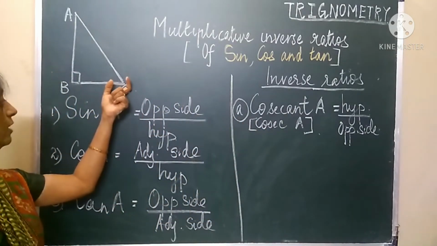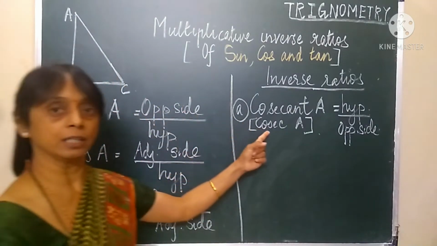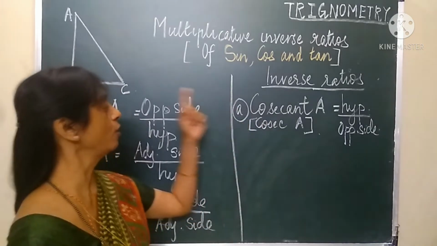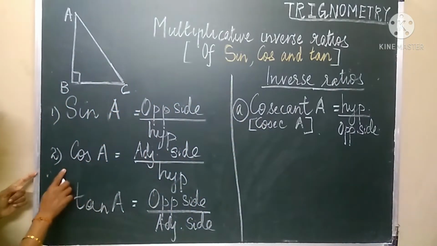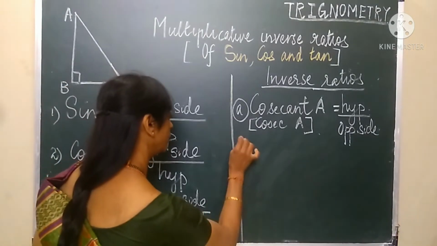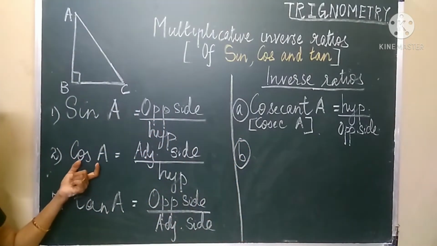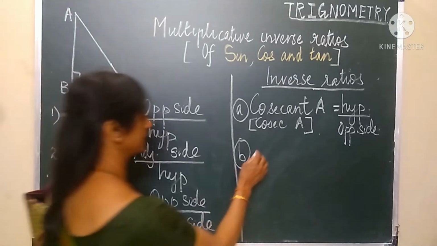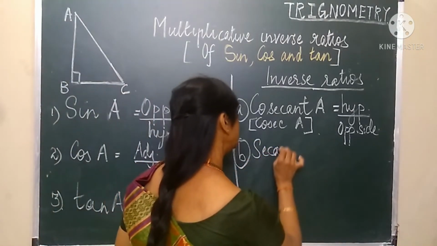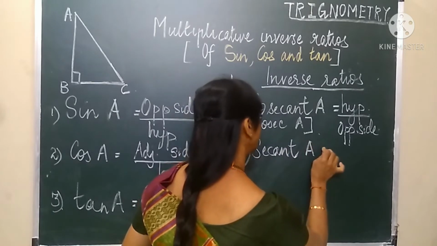If I say sine of angle C, the inverse ratio will be cosec of angle C. The second reciprocal, for the basic trigonometrical function cos, is given by secant. It is called secant of which angle over here?